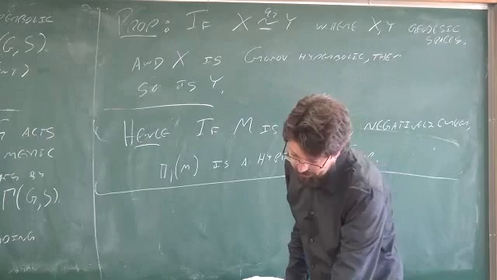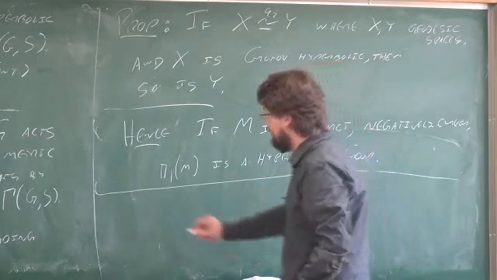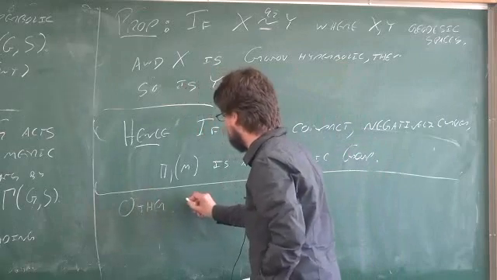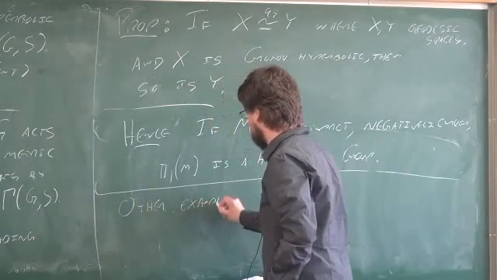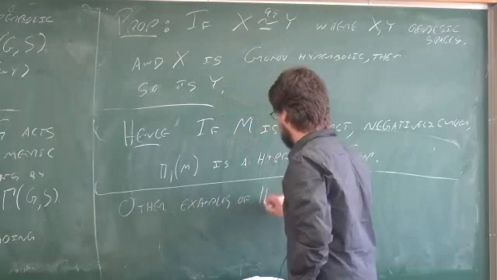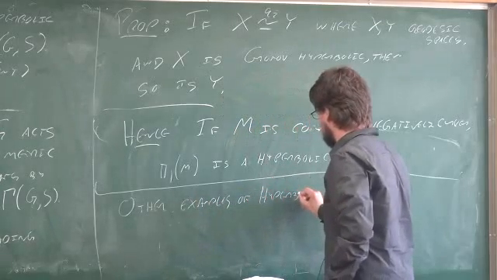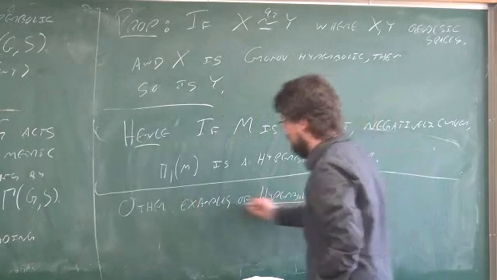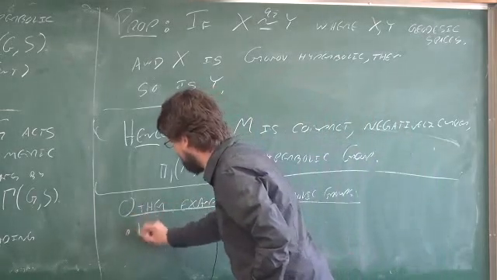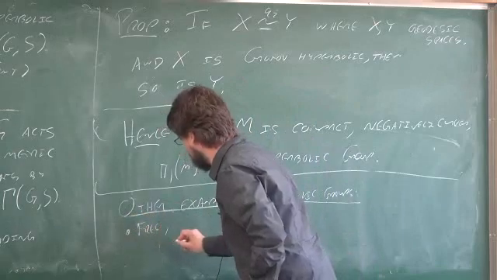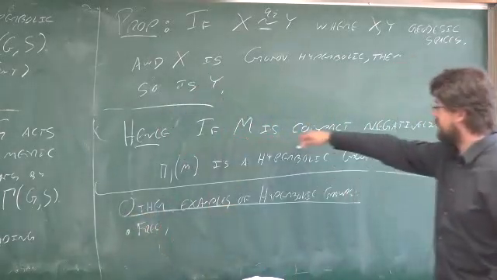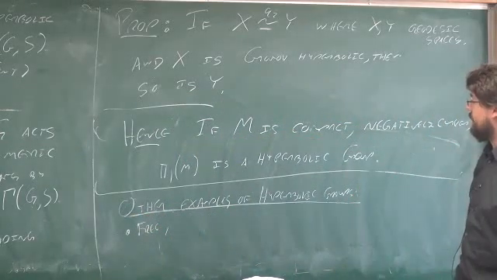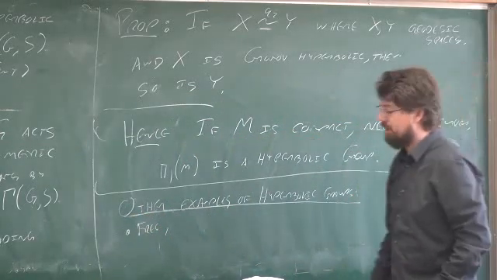Okay, so those are some more examples. So other examples that don't obviously come from this construction. So other examples of hyperbolic groups. Free groups. So this says here that surface groups and hyperbolic 3-manifold groups and closed hyperbolic n-manifold groups are all hyperbolic.